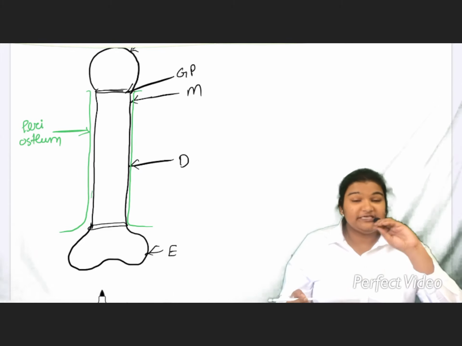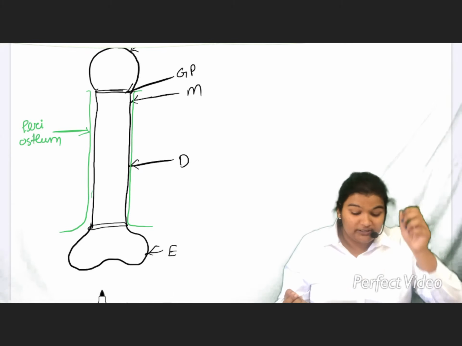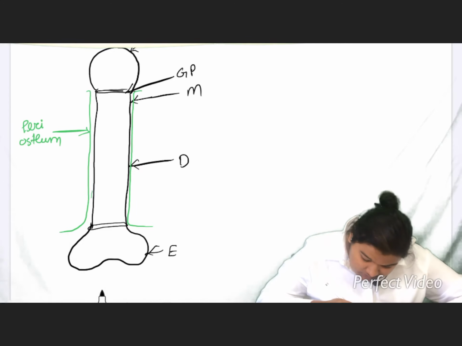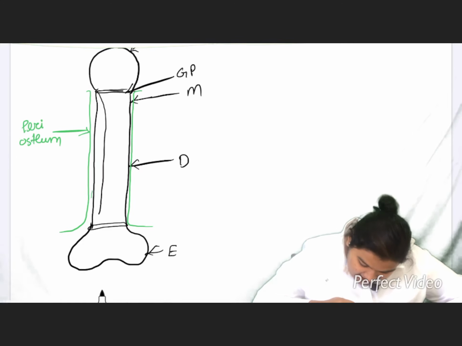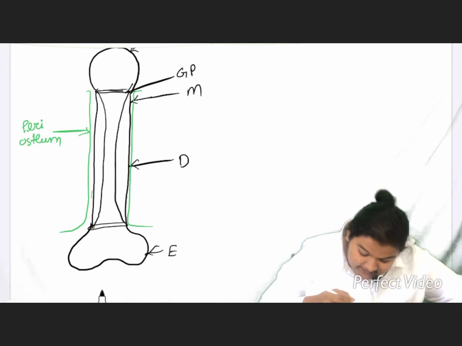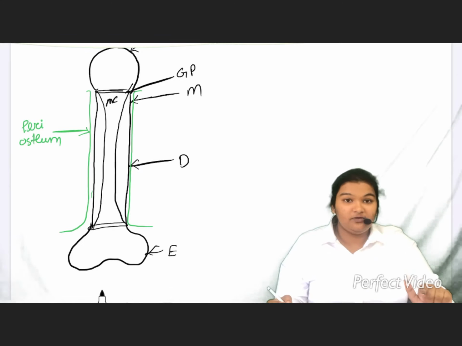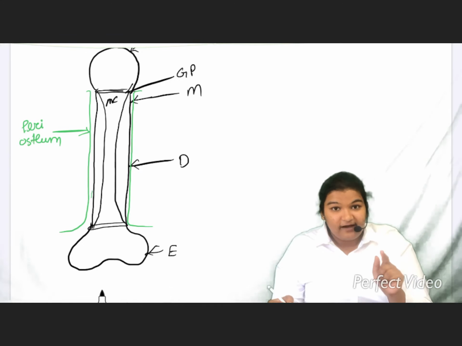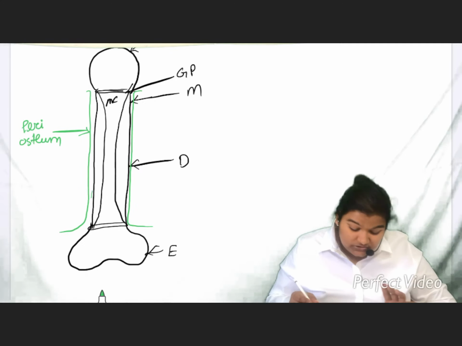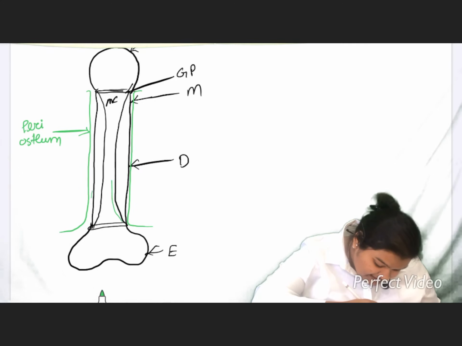Okay. Now these long bones are hollow in the middle. Here we have a hollow part, and it is the medullary cavity. This medullary cavity is covered by another fibrous layer from inside. So let us draw the fibrous layer from inside.